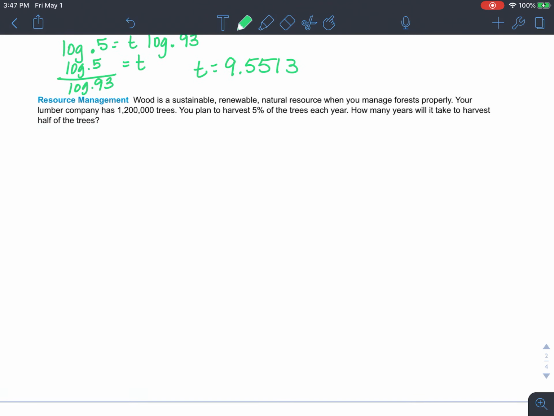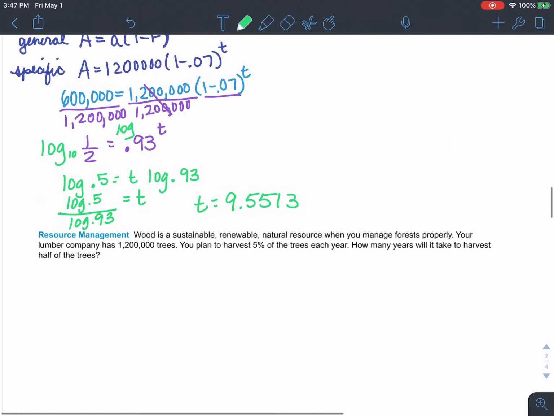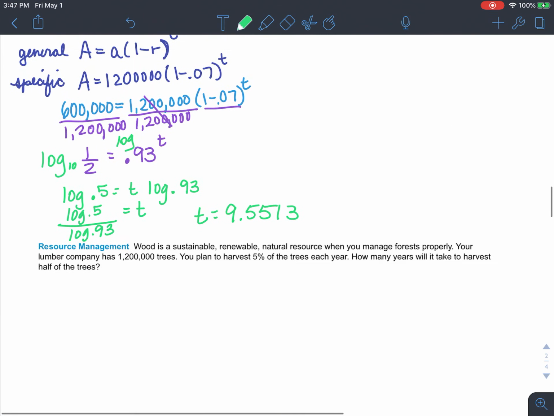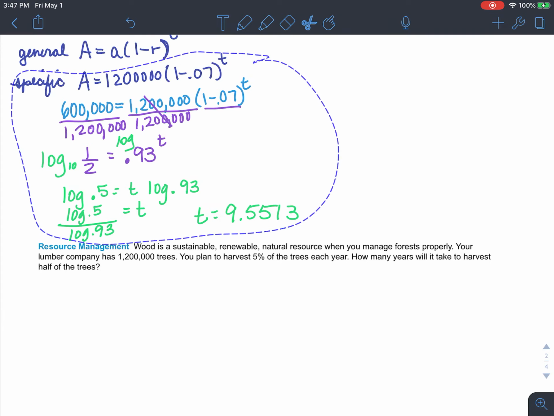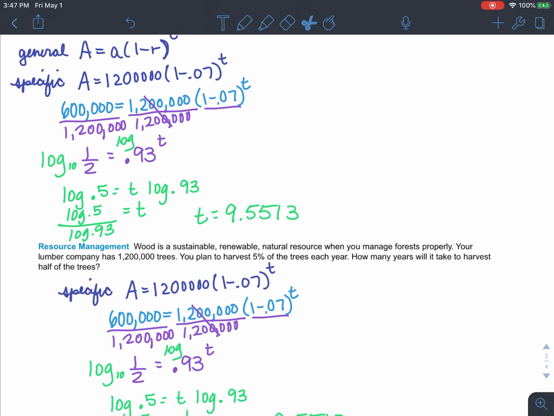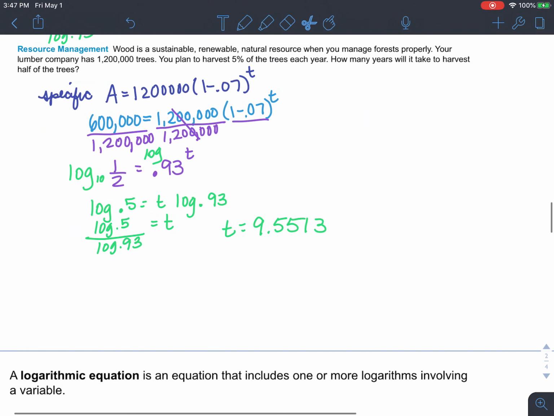It's almost the same thing. It's still the same number of trees. How many years will it take to harvest half of the trees? But now it's just 5% instead of 7%. So the only thing that's going to change from our equation up here, I'm such a cheater, is, obviously that will change.